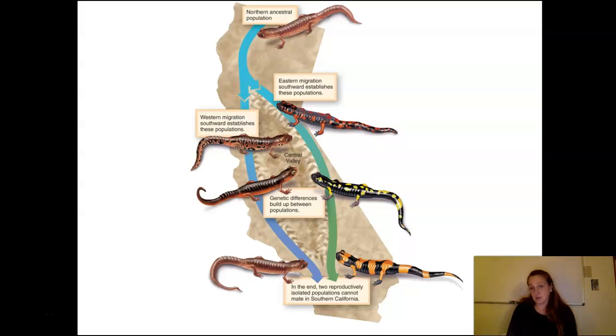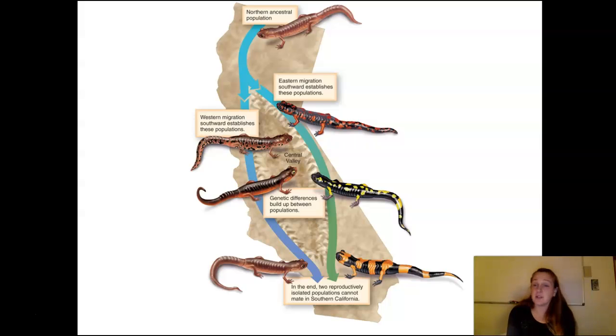So gradually, over time, this population starts to encounter the mountainous regions. The population splits. One population gradually, each generation, multiple generations, hundreds of generations, is gradually walking and moving down south in California, more internally.